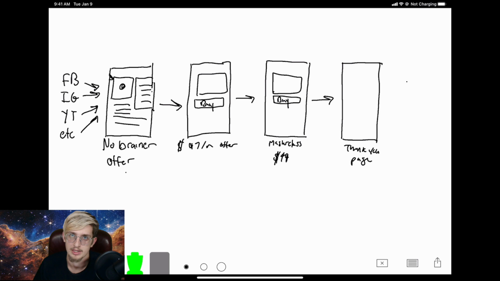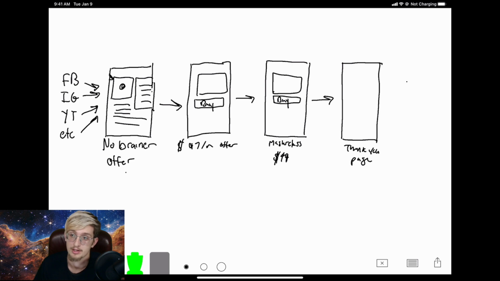Now, doing this is a good idea, especially if you structure it correctly, because it'll not only typically result in a lower CPL for leads that are coming through, but secondly, you're going to be able to get the lower CPL while still getting a really high level of quality for your leads.